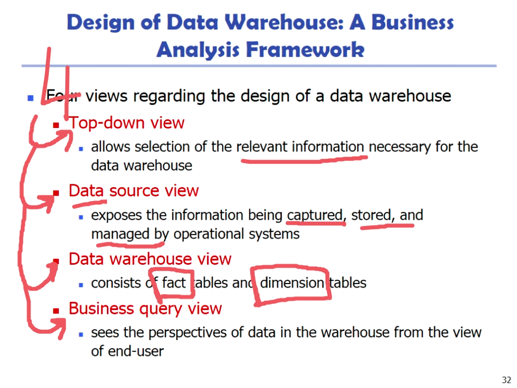So see the perspective of data in the warehouse from the view of end user. For this reason, we talk about a business query view. So there are 4 views: top-down view, data source view, data warehouse view, and business query view.